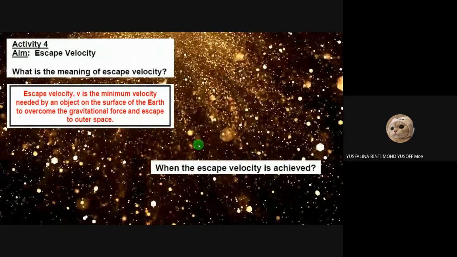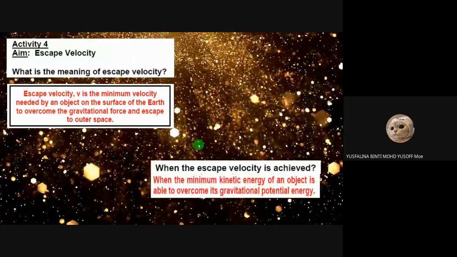So when is the escape velocity achieved? When the minimum kinetic energy of an object is able to overcome the gravitational potential energy. So you have to know the gravitational potential energy, and you already know energy can change, right? The gravitational potential energy is based on the height, and when it is launched, it changes to kinetic energy.